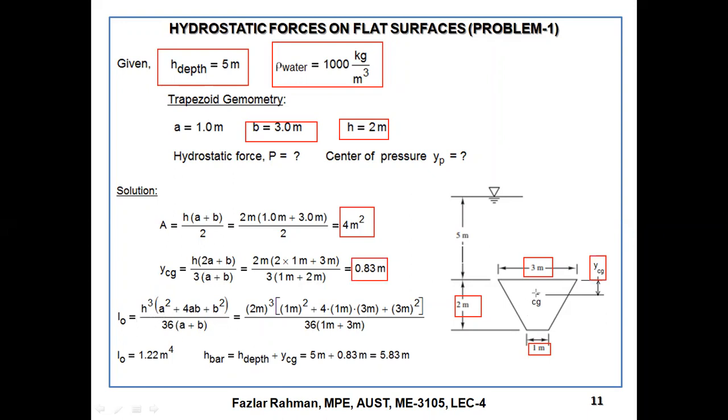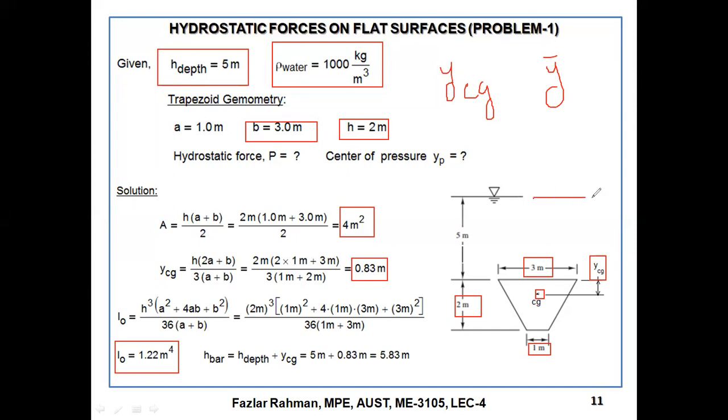Then you calculate the I naught. That means inertia of the object with respect to this point, directly by formula. I naught equal to this mass. Now, this is YCG. Let me write down one thing. This YCG, and in the formula we have Y bar, both not the same. What is the Y bar?